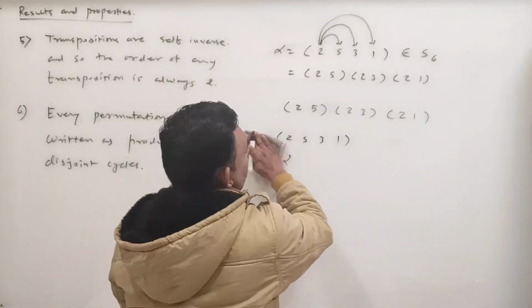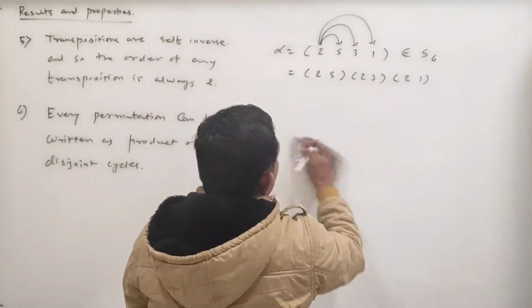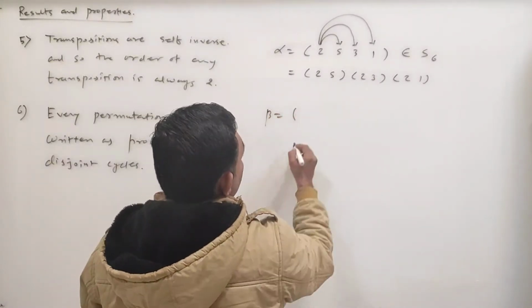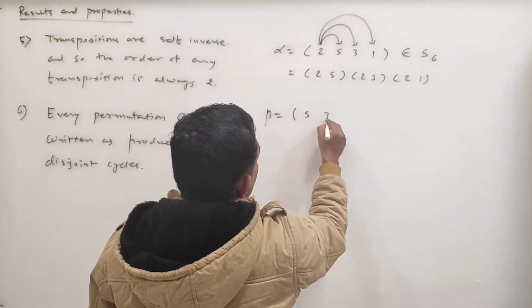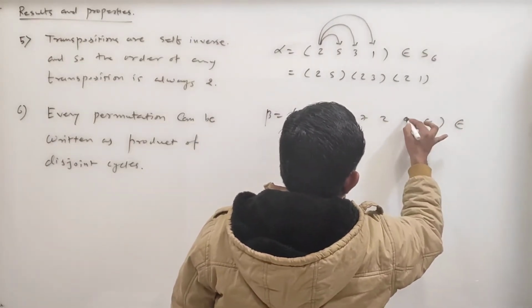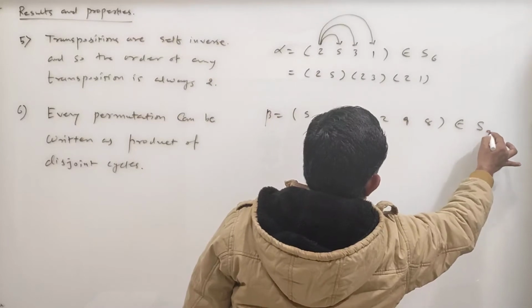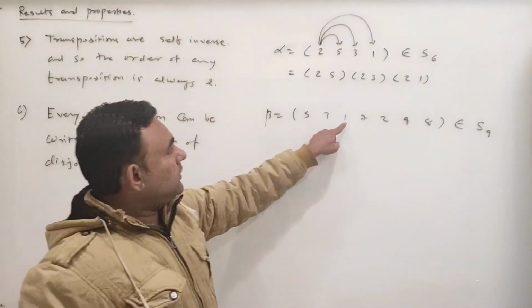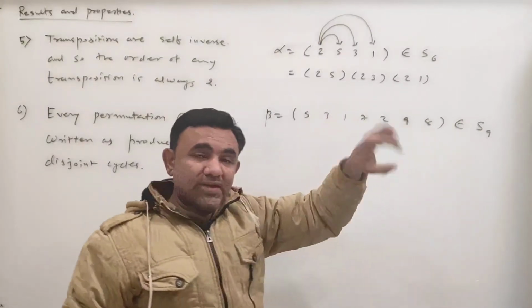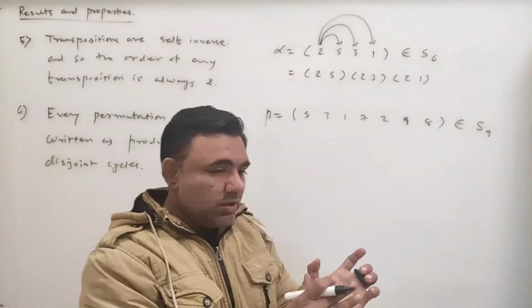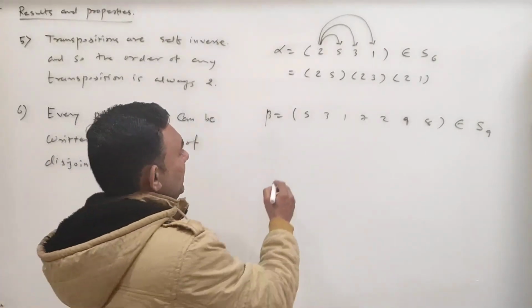So suppose I have, say, beta equal to (5 3 1 7 2 9 8), which belongs to, say, S9. I took a cycle in S9 like this, of 7 elements. And suppose I want to write it as a product of transpositions, then what is the way?